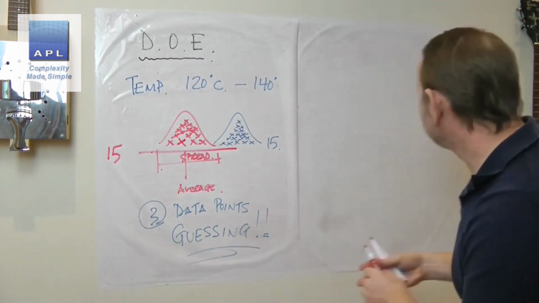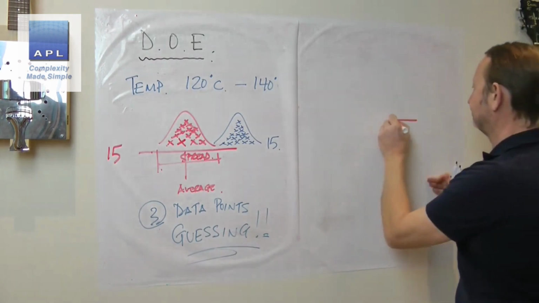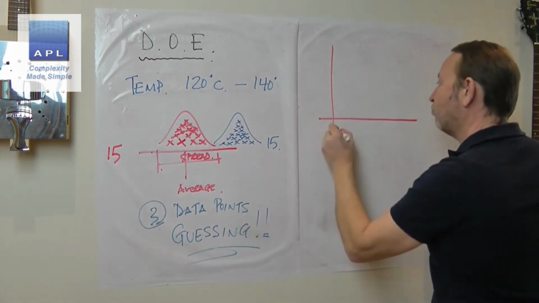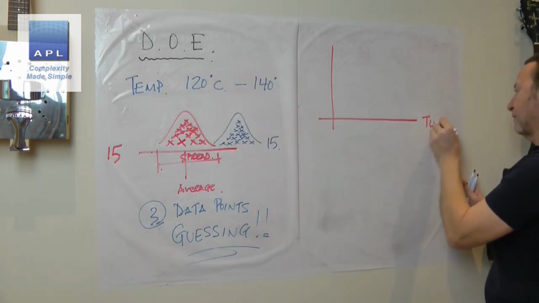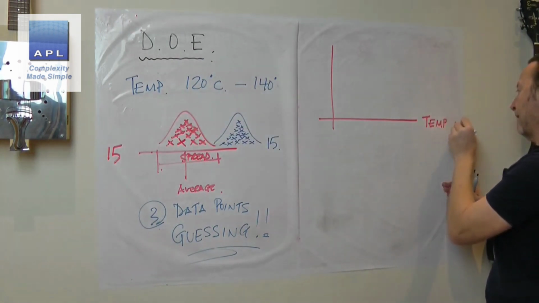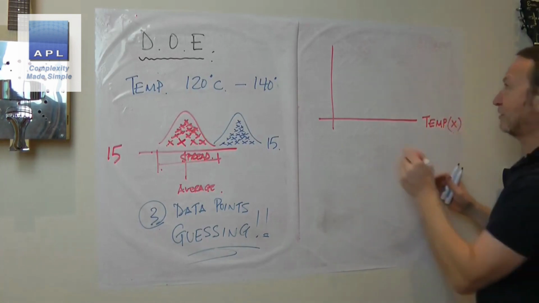We would all be comfortable with the idea of taking one variable, as I've done, temperature. So temp on the x-axis.